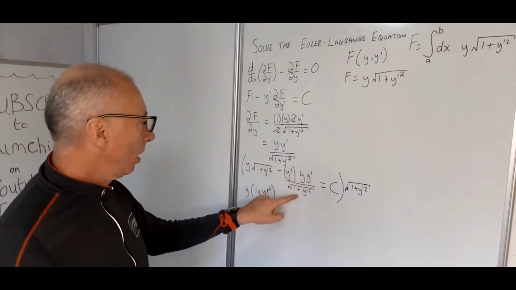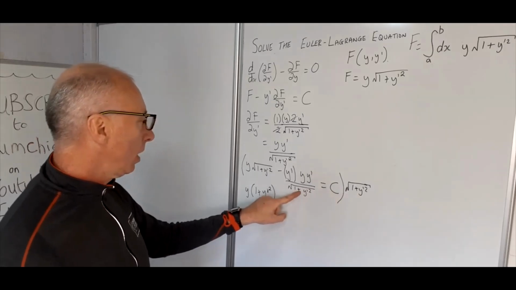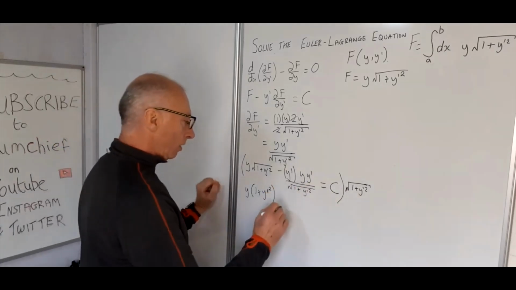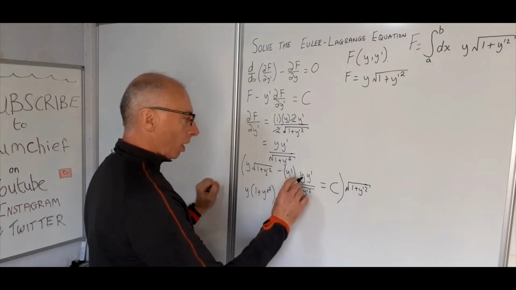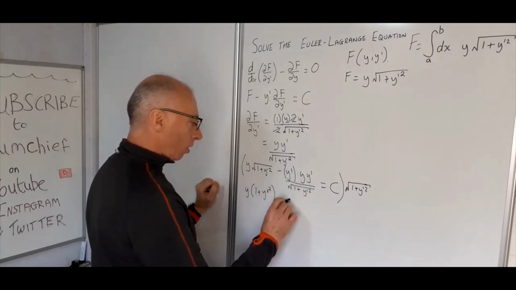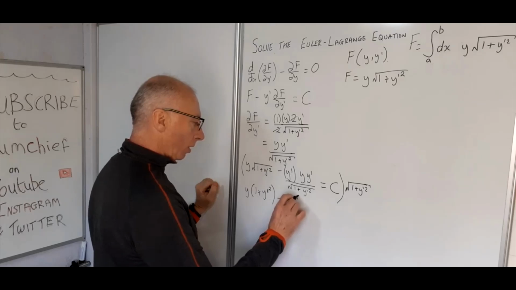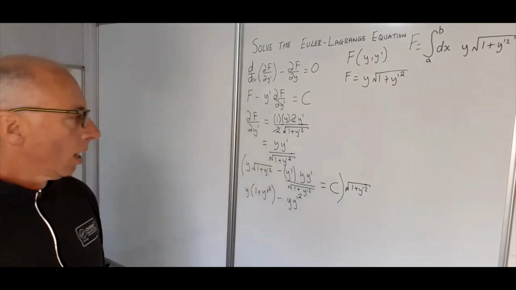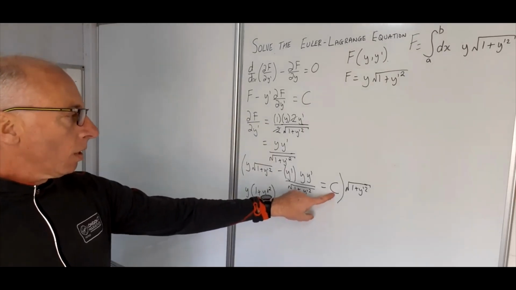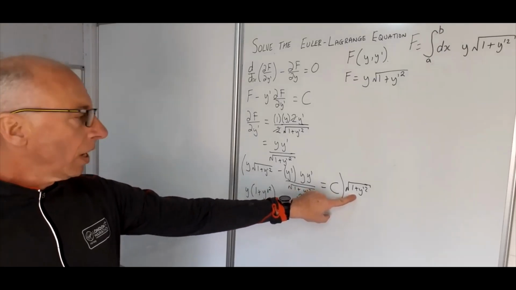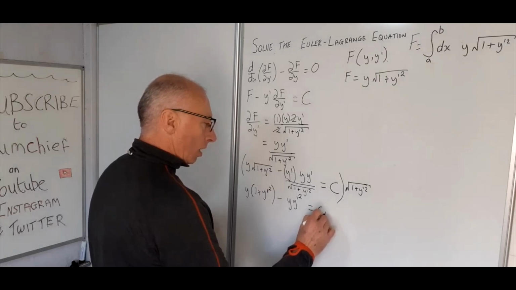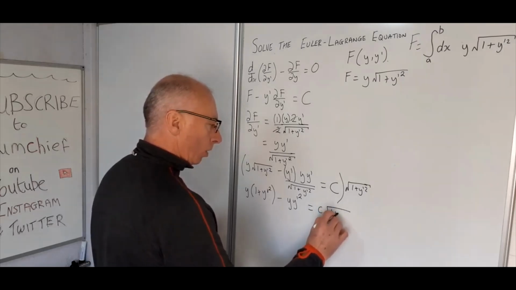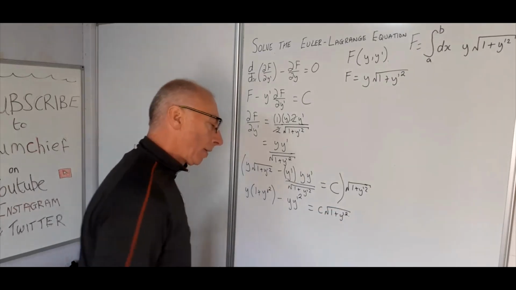Now for this term here, if I multiply it with this term, the square root will just cancel out. So then we're left with y prime times y prime, so we're left with y times y prime squared. And then we've got to multiply this constant by this radical here, so that gives us c times the square root of 1 plus y prime squared.